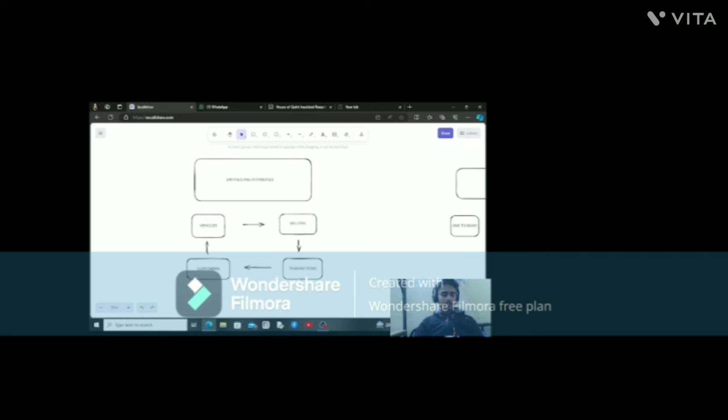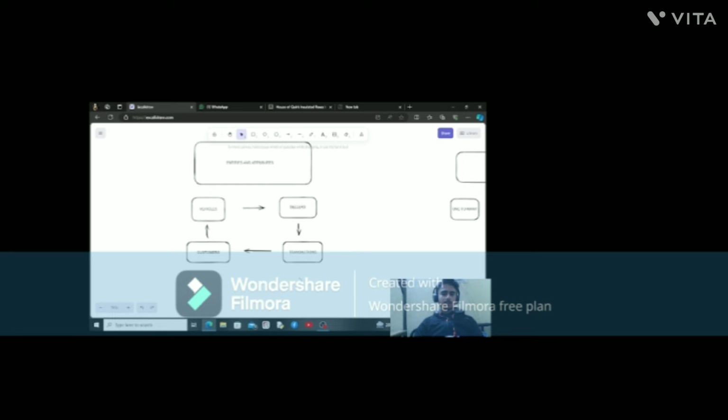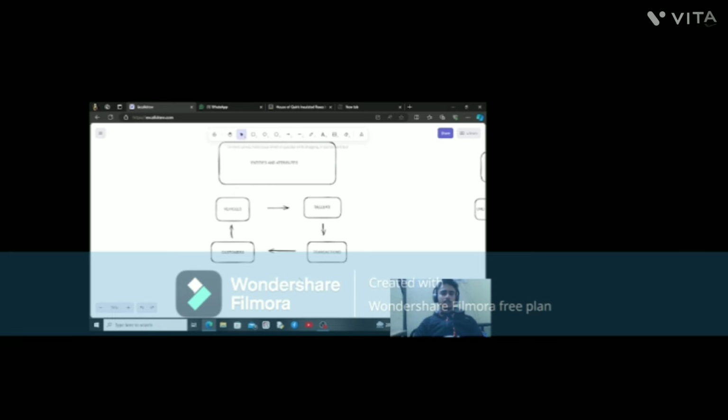Now let's talk about what entities and attributes are present here in the cars table. The first entity we can see is vehicles, the second is sellers, the third is transactions, and the fourth is customer.